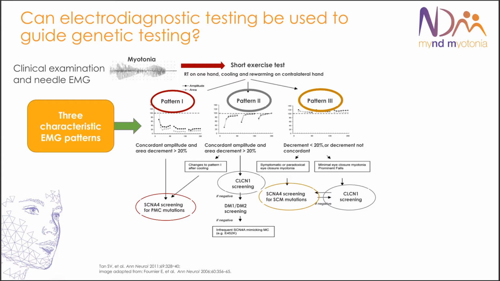Professor Diaz-Manera will show a video clip. We have 3 characteristic EMG patterns. Because we are looking at the amplitude and the area, we have pattern 1, where you have a concordant decrease of amplitude and area, and this decrement is more than 20%, which is most evident in the first trial but becomes worse in the successive trials.